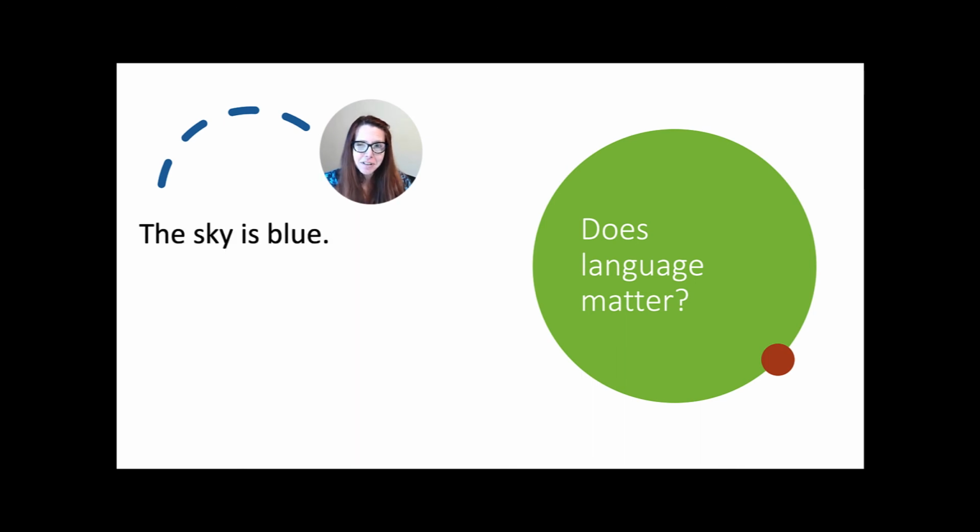Another question you might ask yourself is, does language matter? Here's some examples. The sky is blue. Well, we can agree that that's either true or false. And if we change the language to French, le ciel est bleu, then it's either a true or false fact. But language doesn't change that.